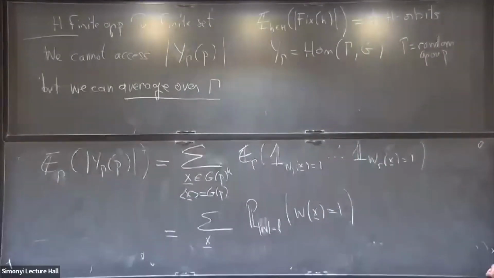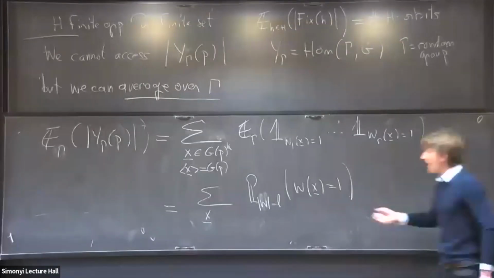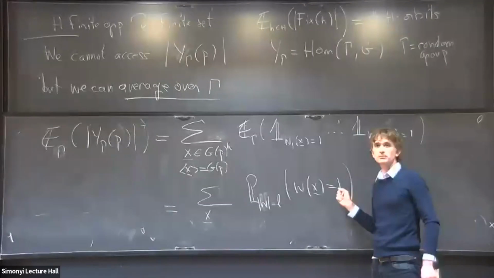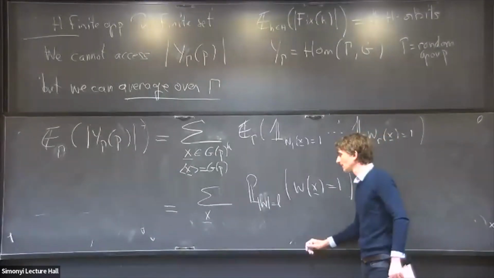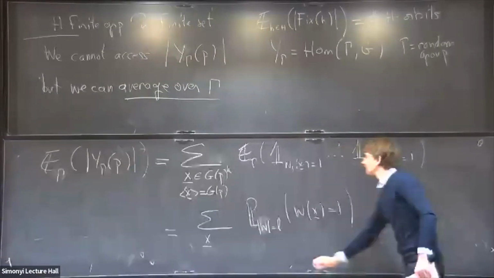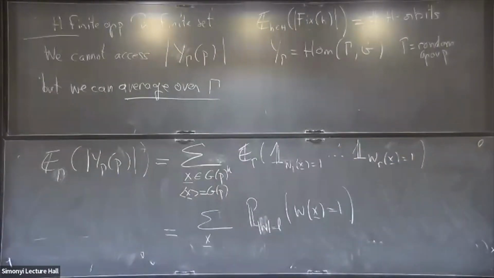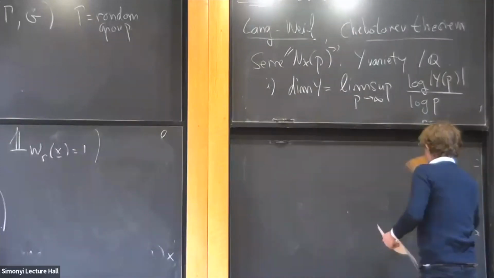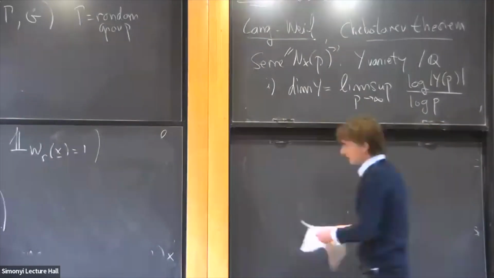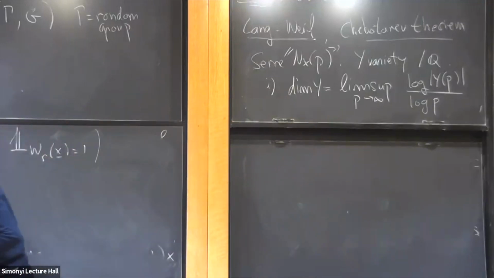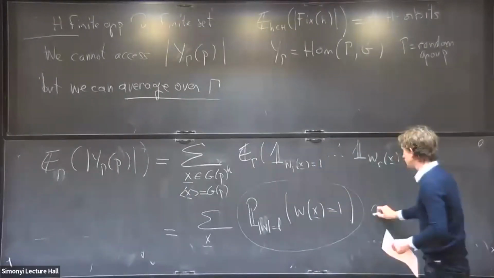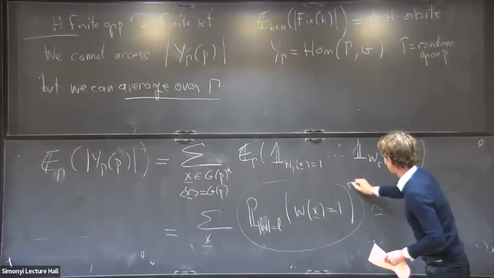Okay. And now I can understand this because I know so much about random walks on groups. So this brings me to, if I know that the random walk is equidistributed in the group, then I will know that this is, so I forgot the power R here, all of them.